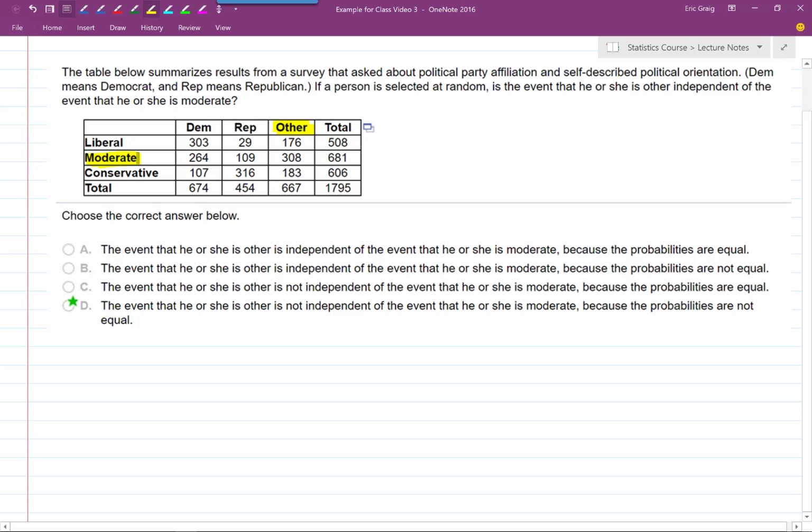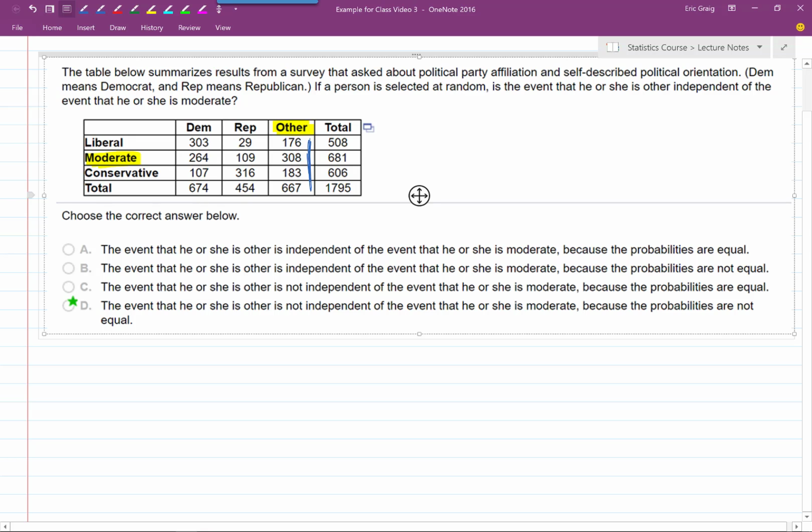Well, the way to think about this problem is to say, if I know that the person is in this other category, does that give me any insight into knowing whether or not he or she is moderate? Well, it does, actually, because it looks as if most of the people in this other category here are in fact moderate.